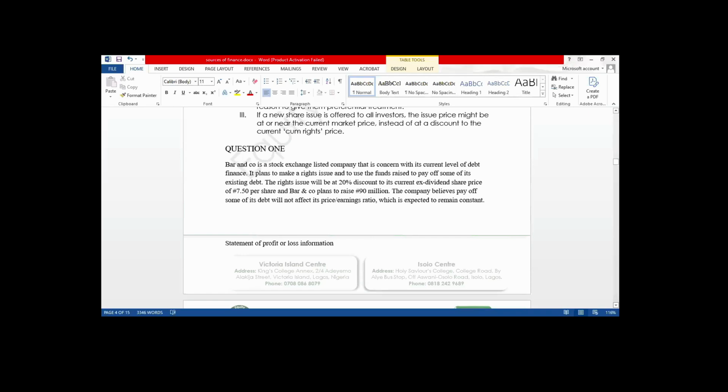It plans to make a rights issue and to use the fund raised to pay off some of its existing debt.